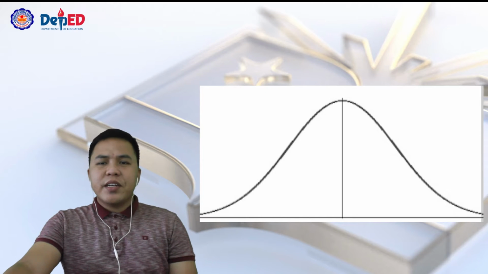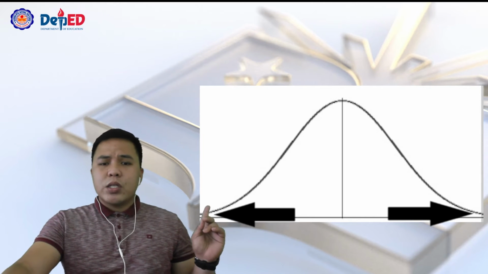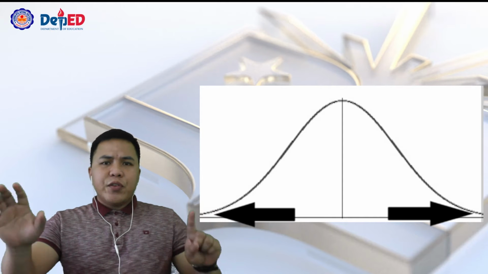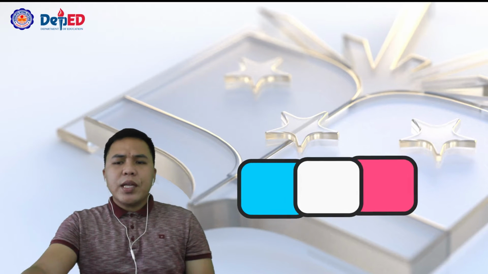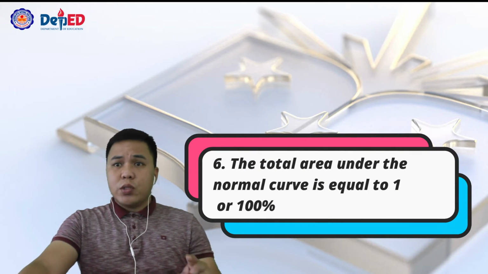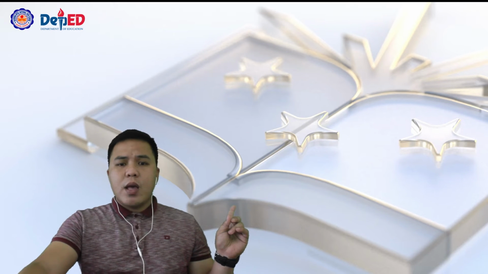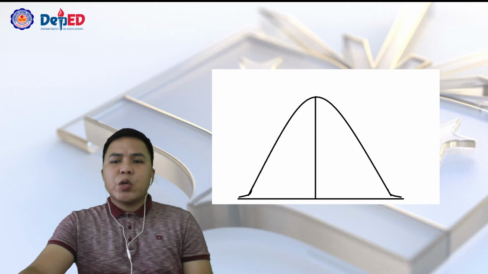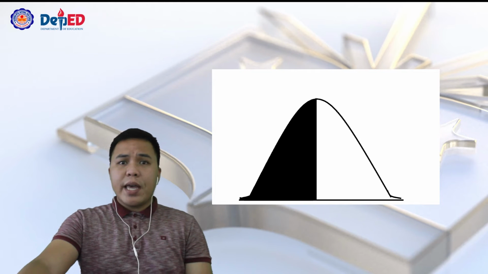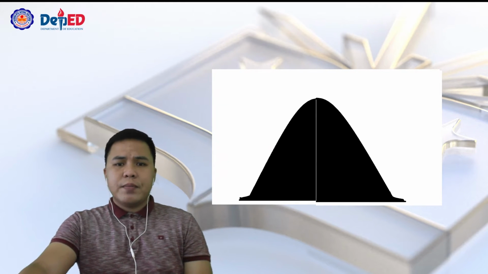That is, the curve is asymptotic to the baseline. And for number 6, the total area under the normal curve is equal to 1, or in percentage it is equal to 100%. This means the left part corresponds to 50% of the whole area, so with the right part.